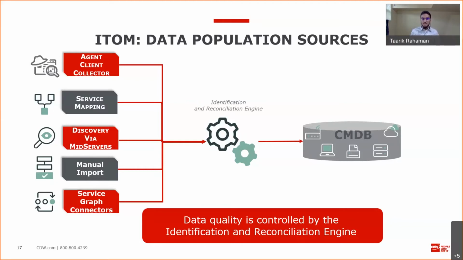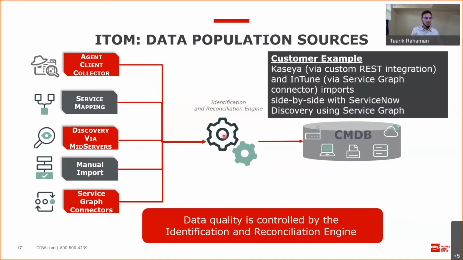In order to do that, we configured what we call the data precedence feature in the IRE to give Kaseya data a higher degree of precedence compared to discovery, which protects Kaseya data from being overwritten by discovery. So if you have that sort of use case, that's what you can do. Just a little note on that.